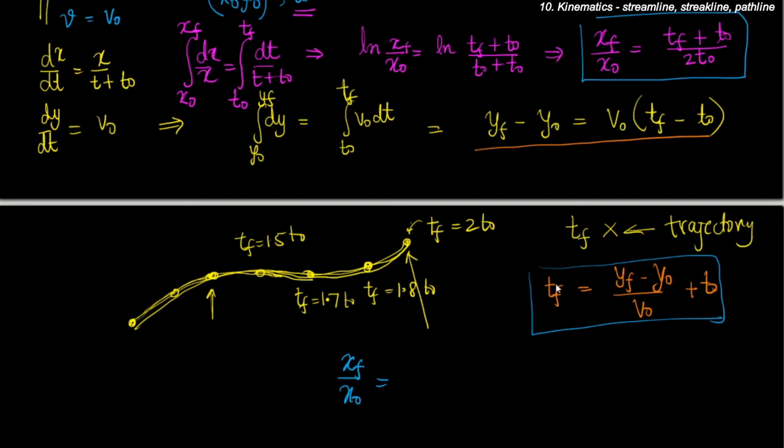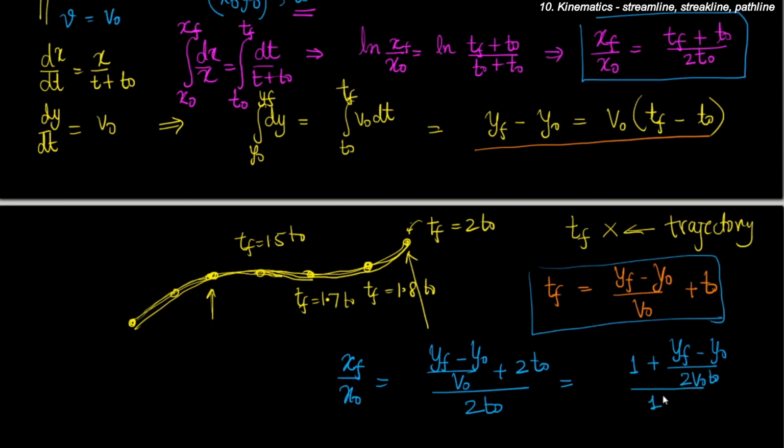Tf plus T0 will give us (Yf minus Y0) upon V0 plus 2T0, upon 2T0, and this gets simplified to 1 plus (Yf minus Y0) upon 2V0T0.